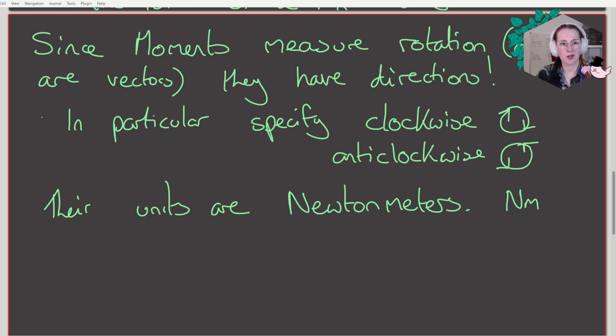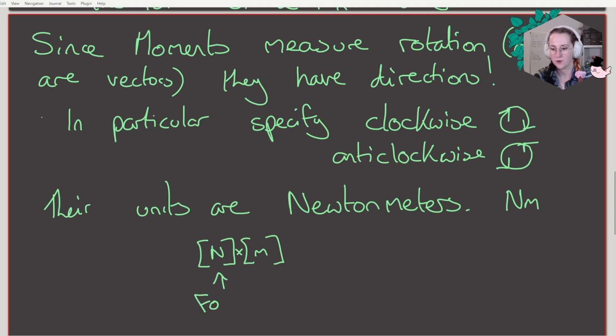If you remember what we talked about with units, we can use our units to work out our equations, and we can use our equations to work out our units. So because we have Newton meters, that is a force, that is distance.